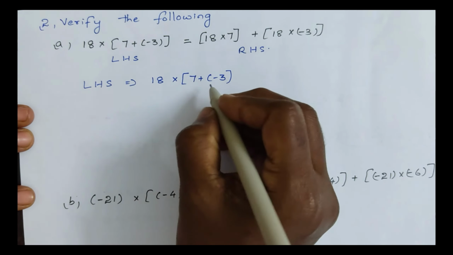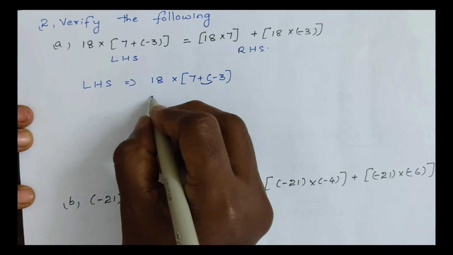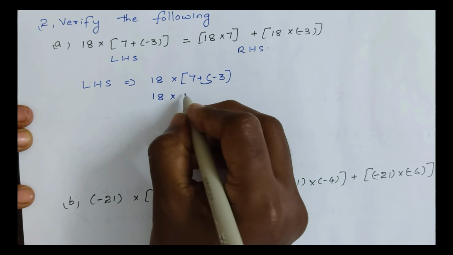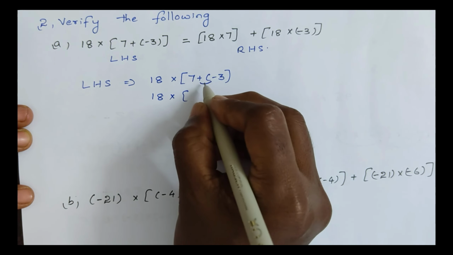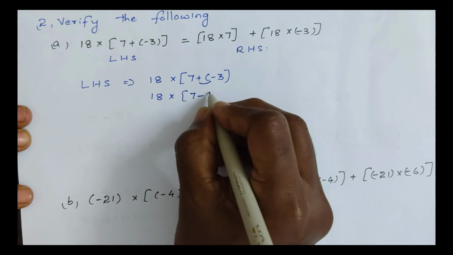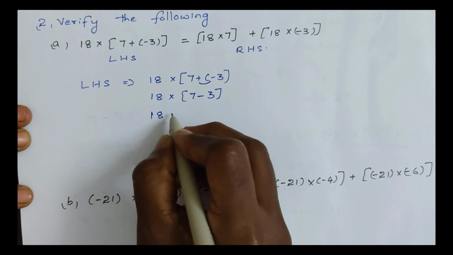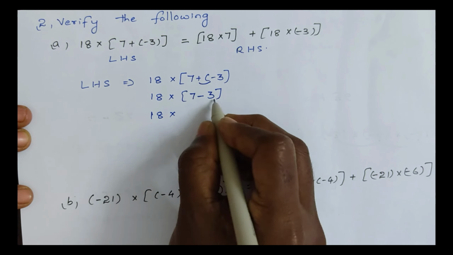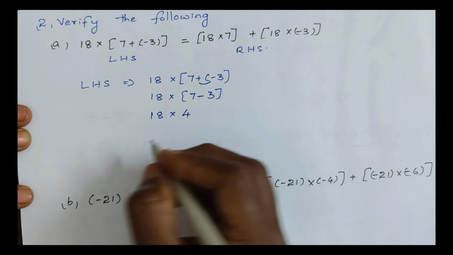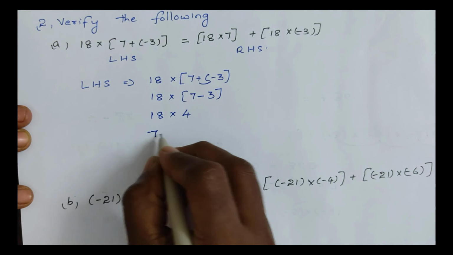So here we are having two signs together. So 18 into, let us make it into a single symbol. Plus into minus. So that becomes minus 3. Now 18 into 7 minus 3 is 4. So how much is that? Answer is 72.